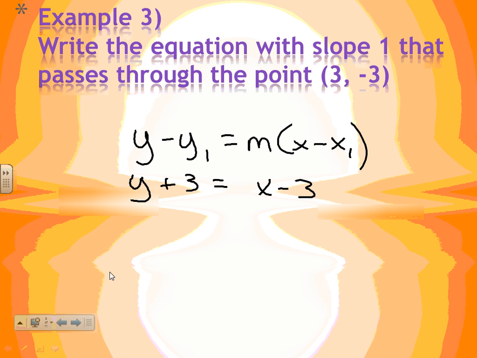Would it be okay if you put the parentheses and put the 1 on the outside? That'd be fine too. But probably you would see this. Okay, so that is point slope form. Now, what if I said rearrange it to standard form? Take a minute and rearrange this to standard form.